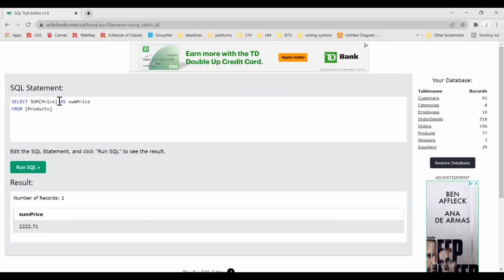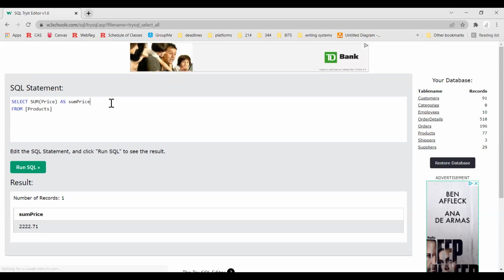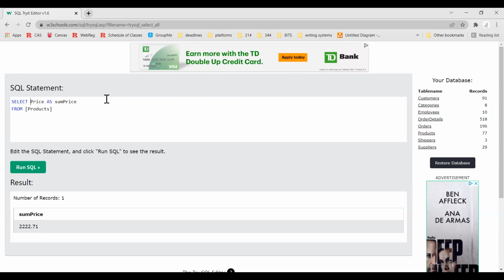But maybe you might have guessed from the fact that we have all of these functions, you can also directly do some arithmetic operations on the values. So once again, looking at price, what if we wanted to buy more than one of something? We want the product name of the thing we're buying.